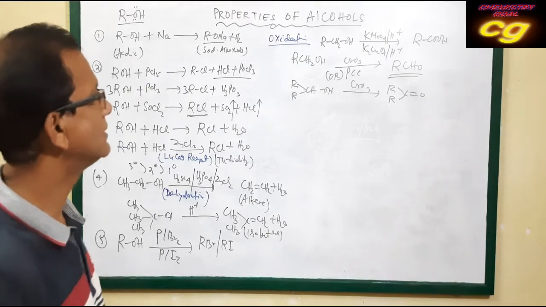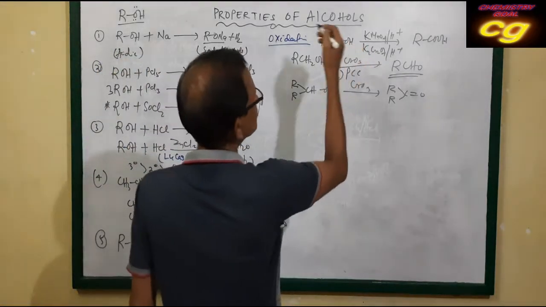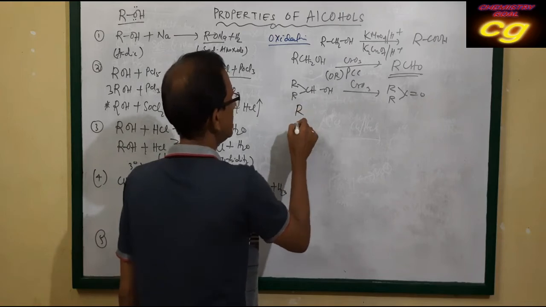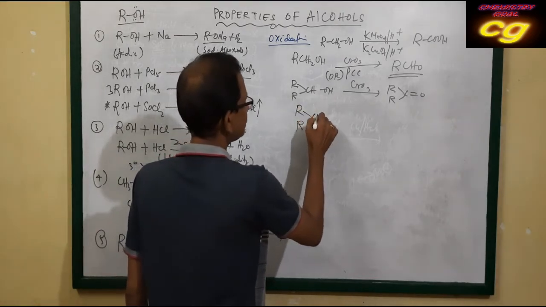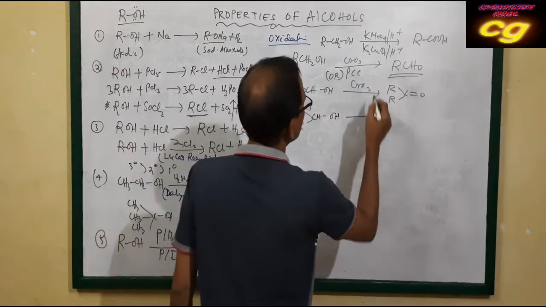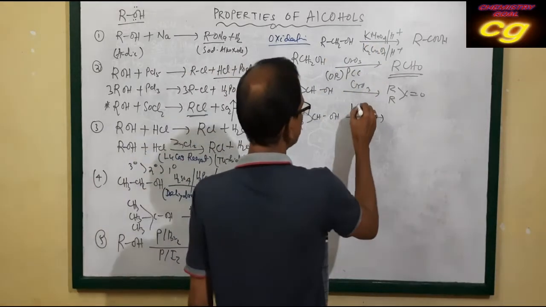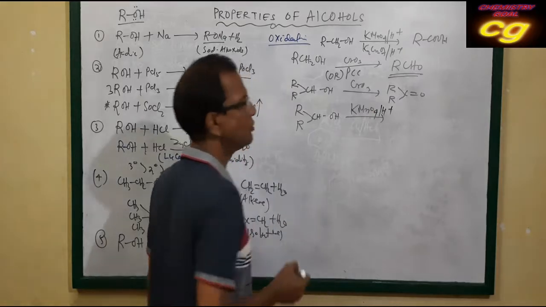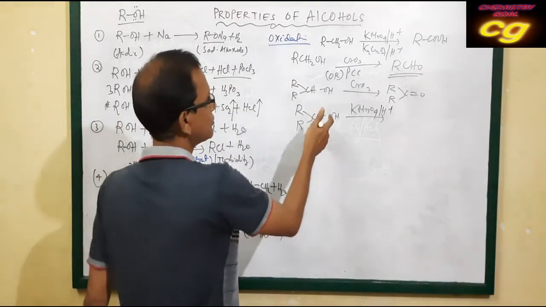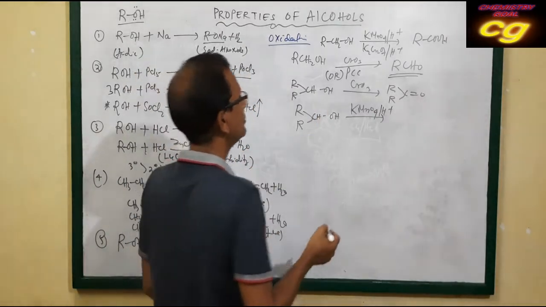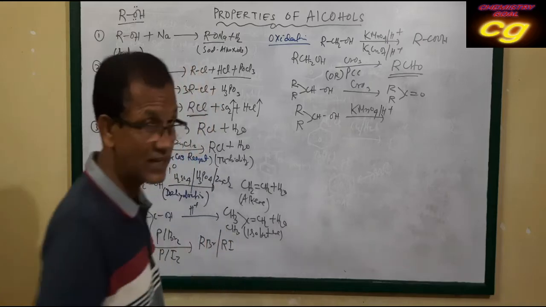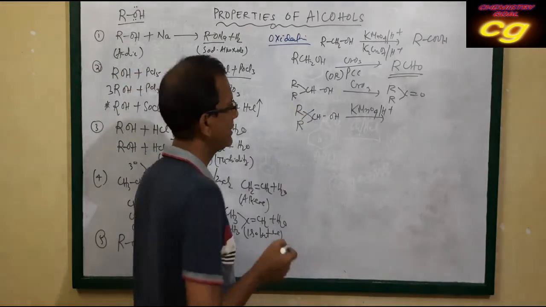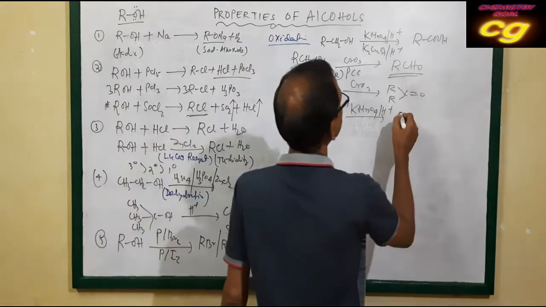But if you use secondary alcohol with KMnO4 and HCl, the first step will be ketone.